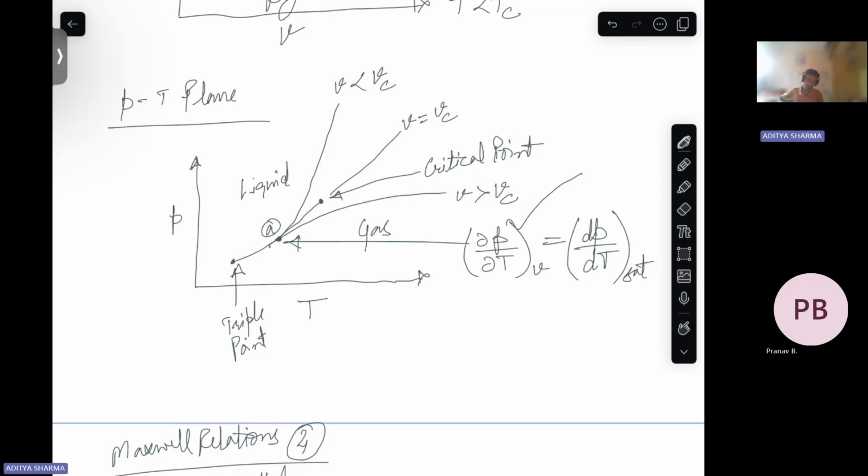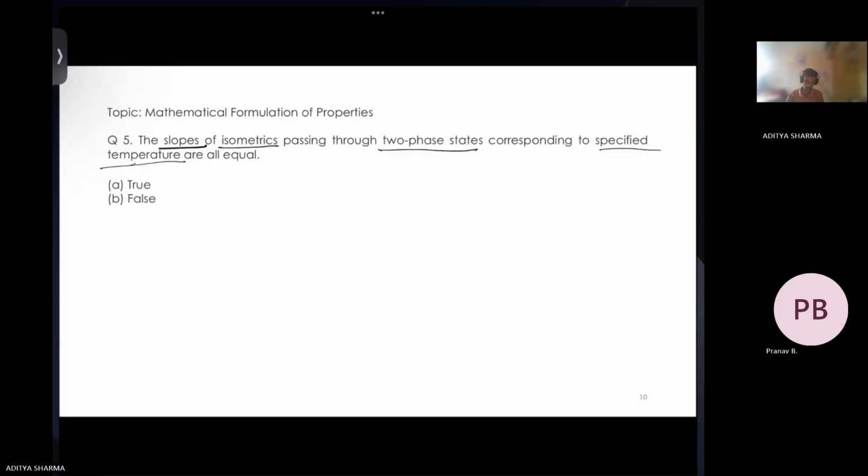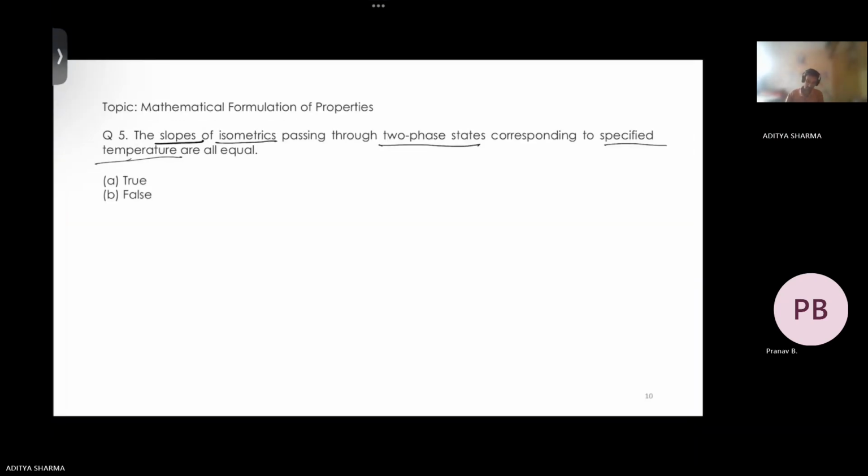Because it's the same point where these two phases are coexisting. So it will be a true statement. So moving on to next question.